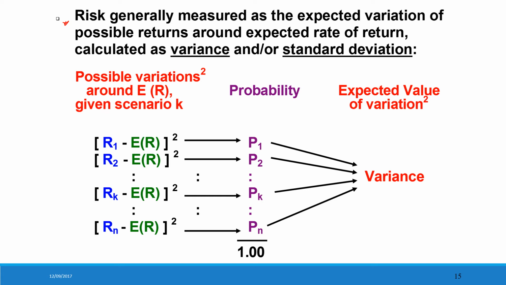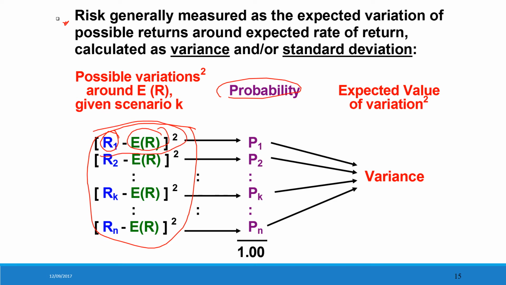So what we have here, once again, are the probabilities of different outcomes. These measures over here measure the distance between a certain outcome and the mean, the expected value. We square the difference to get rid of the sign of the difference.